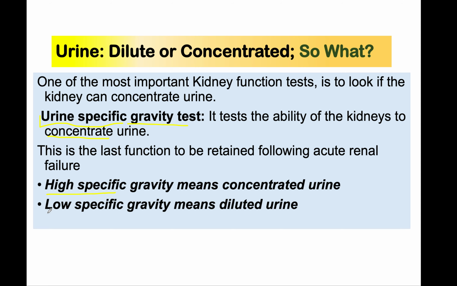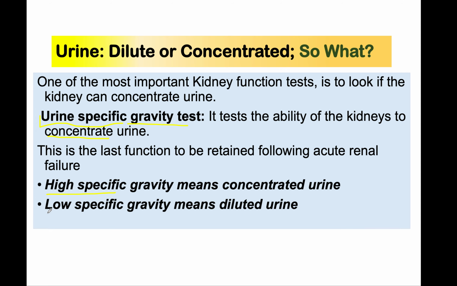Specific gravity is the relative weight of a specific volume of liquid compared with an equal volume of distilled water. The specific gravity of distilled water, without any ions in it, is 1, because 1 milliliter of water weighs 1 gram.